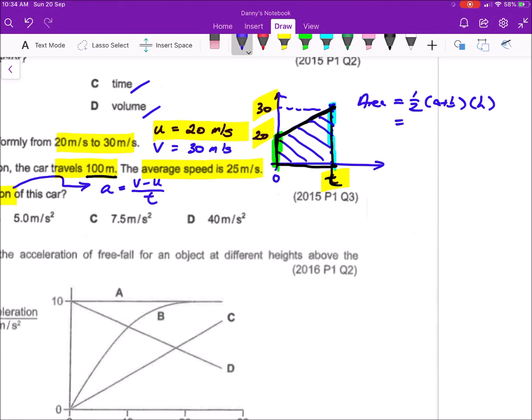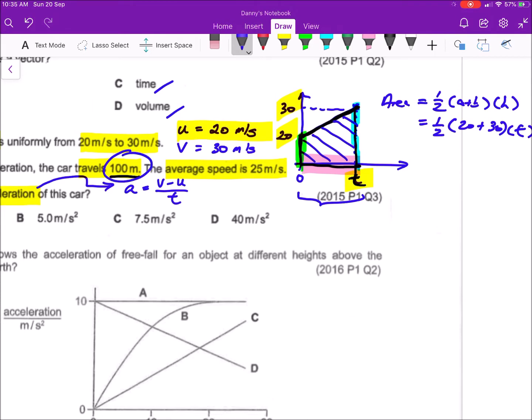So if we substitute the values in, I will get half times (20 plus 30) times h. So what is h? In this case, h will be here, which is the unknown t, because this length is t minus 0. So that's how I got it. And we know this area is going to represent the distance, which is 100. Okay, so by doing this, I would be able to solve my equation.